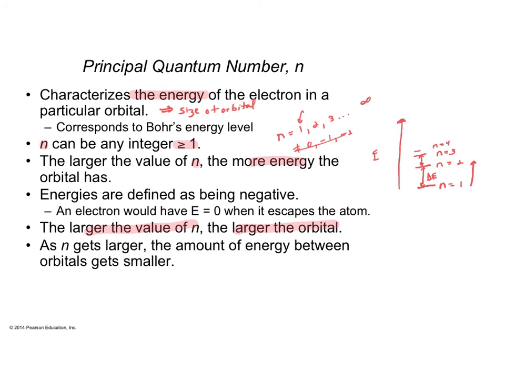So n can be any integer value from 1 to infinity. N tells you about the energy and the overall size of the orbital. The larger n, the bigger the orbital and the more energy. And as we increase n, the energy distance between the orbitals gets smaller. Okay, so again, principal quantum number.